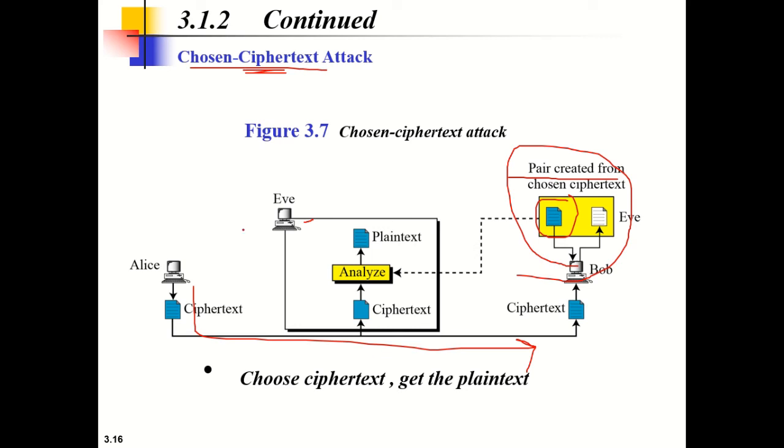In the previous example, we were changing the plain text to ciphertext. So here as well, Eve will try to implement the same process to this ciphertext and will try to get this plain text. So these kinds of attacks could happen.